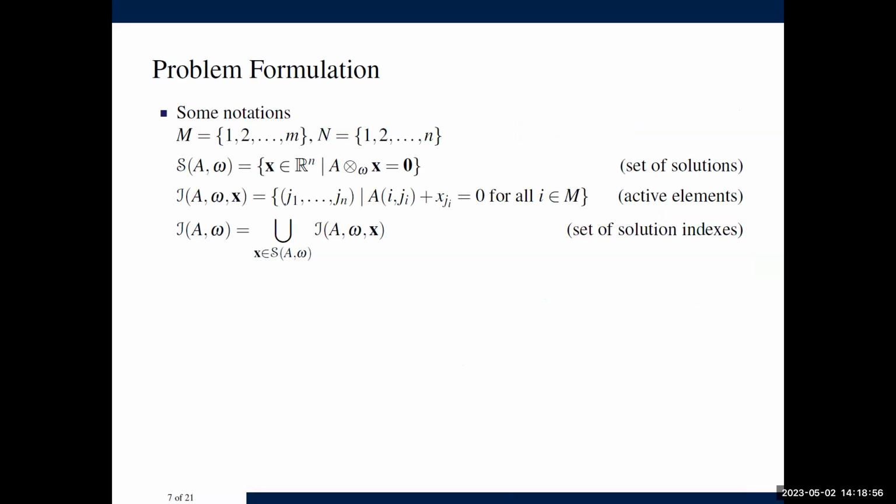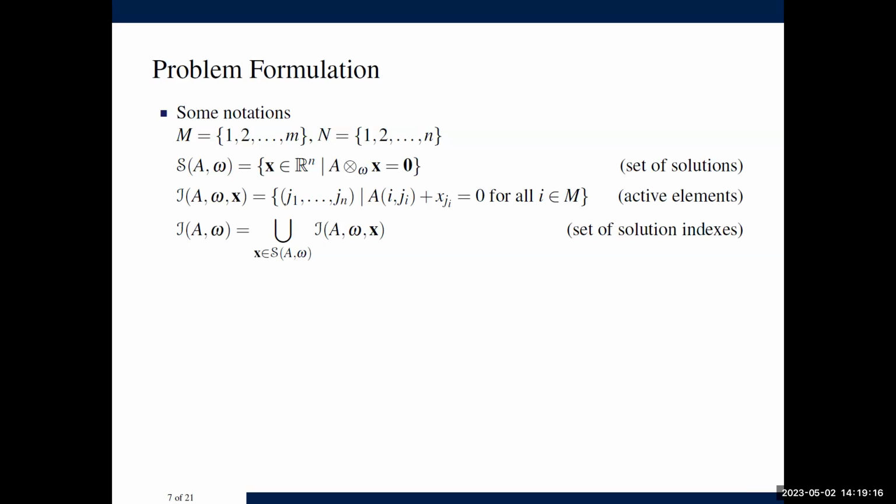And this is just some notation. We denote the set M, which is simply the set of integers from 1 until small m, and then we have the set of solutions. So I denote A with omega, and this is the solution, the active elements.